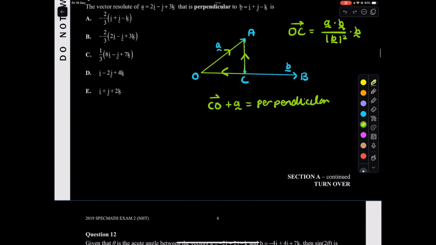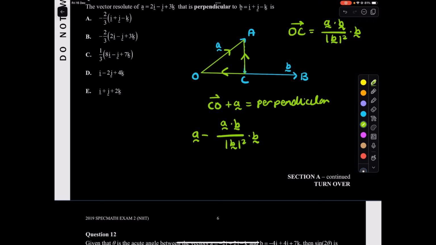Because it's C to O, it'll be minus (A dot B over B squared) times B. Remember that I'm just going to put that plus A here. So overall, this is your equation. This is going to give us our perpendicular vector.